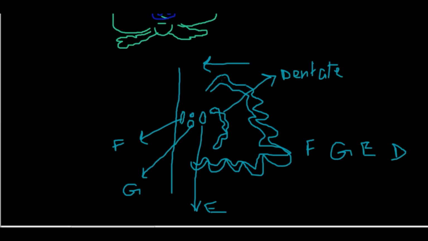And it is the fastigial nucleus, the fibers of which leave through the inferior cerebellar peduncle. So the fibers of the fastigial nucleus leave the cerebellum through the inferior cerebellar peduncle, whereas the remaining three, globose, emboliform, and dentate, their fibers leave the cerebellum through the superior cerebellar peduncle.